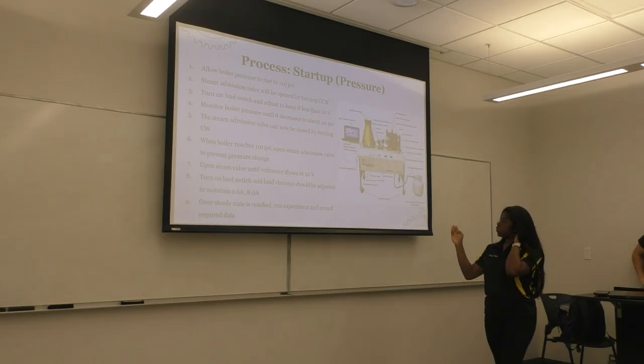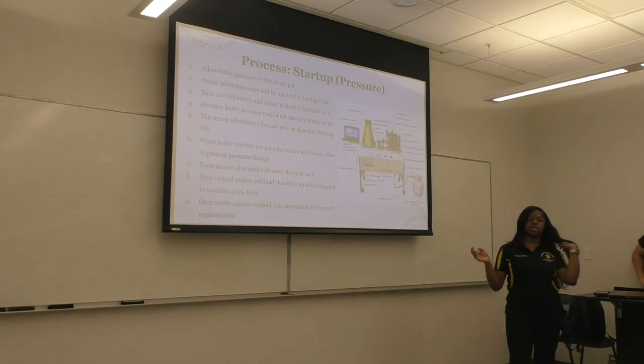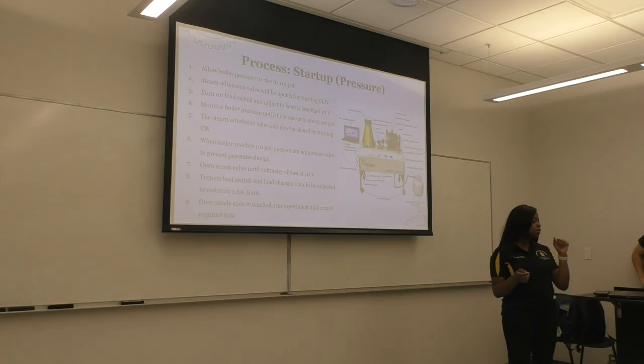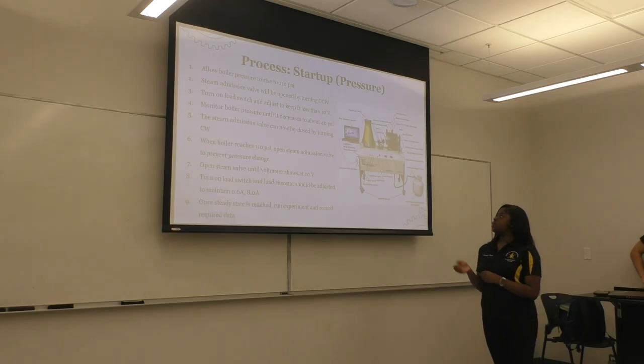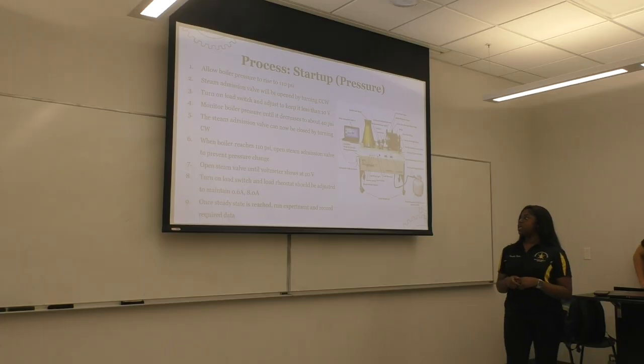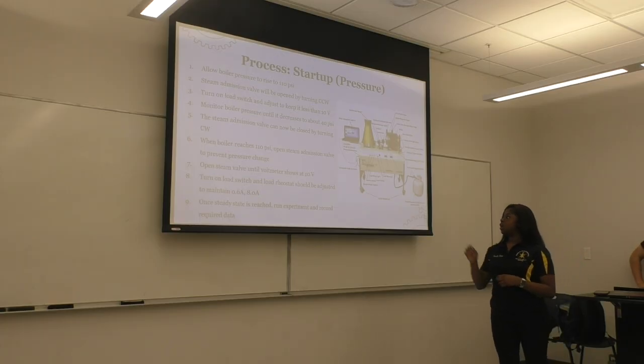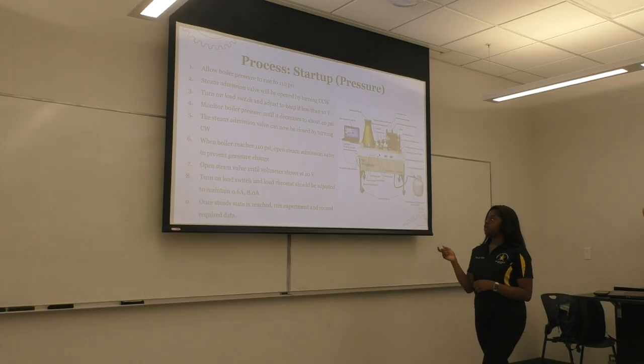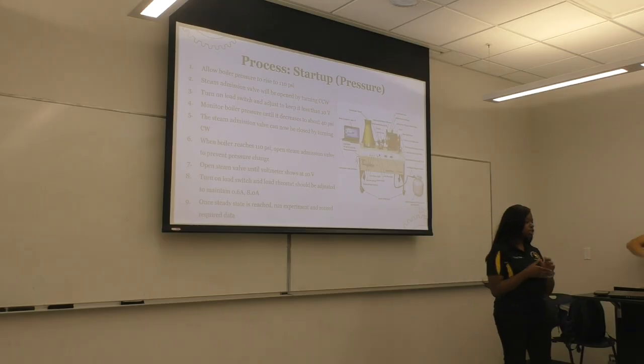We turn on the load switch and adjust it to less than 10 volts, and monitor the boiler pressure to make sure it decreases to about 40 psi. Once we reach that, we can close the steam emission valve and again raise it to 110 psi to prevent any pressure changes.